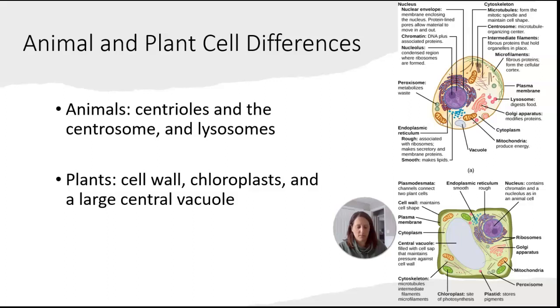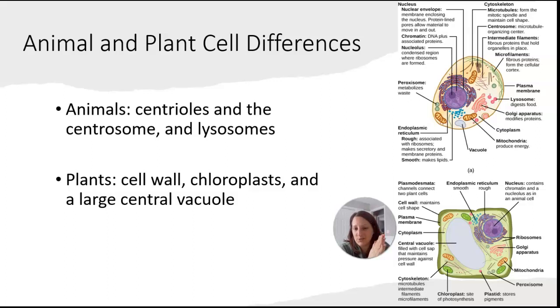we'll talk about. So first off, animal cells have these organelles called centrioles, and they form what is called the centrosome. So I'm going to introduce that to you, and then again, when we get later in the chapter, when we talk about the cytoskeleton, we'll actually talk about them a little bit more. Another organelle that animals have that plants don't are lysosomes.